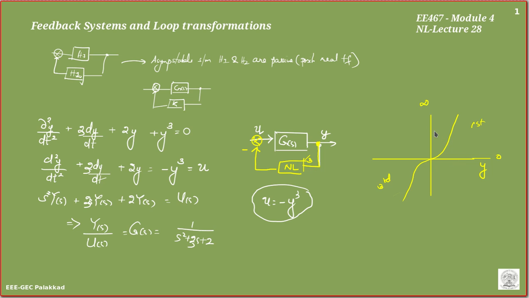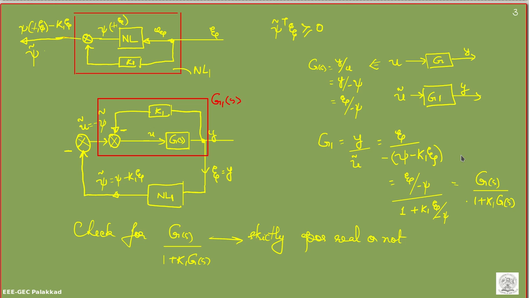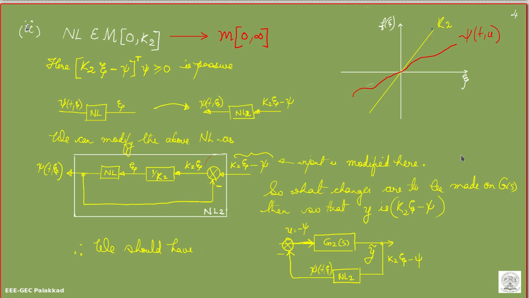In order to do that, what should be the changes in G of s, and what should we check to see whether the whole system is asymptotically stable, is what we had been seeing here. So we did all the transformations and saw the conditions for checking the stability of the closed loop system.